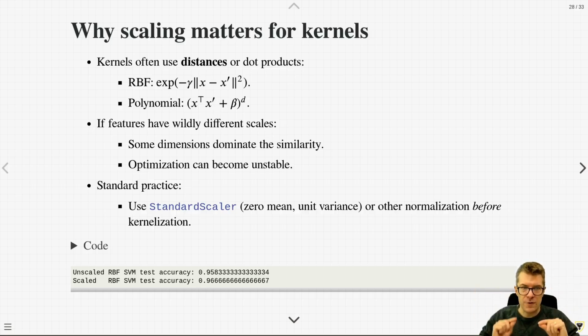If these individual features had wildly different scales and you're multiplying them with each other, some dimensions are going to dominate the similarity. If you're multiplying very big values with very big values, that's going to give you massive differences, and then relatively small differences in other dimensions with smaller scales, even if the points are very different in those dimensions.